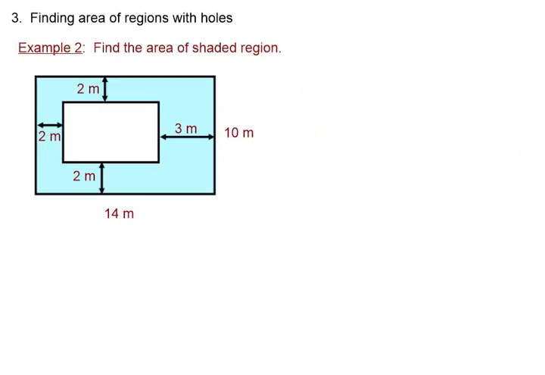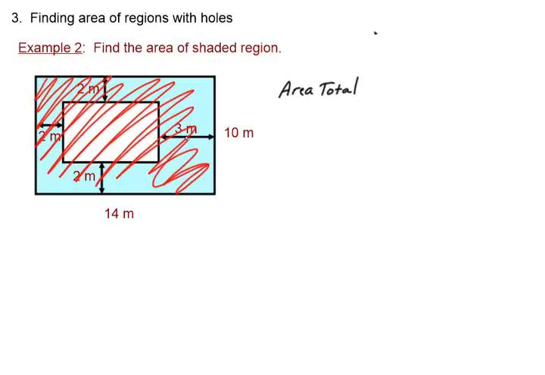So now that's when we have two figures that we put together. What happens if we have a hole in the middle? What that means is if I want the area of the shaded, basically what you're going to do first is find your total area of everything. So that means I'm going to find the area as if that little block wasn't in the middle.